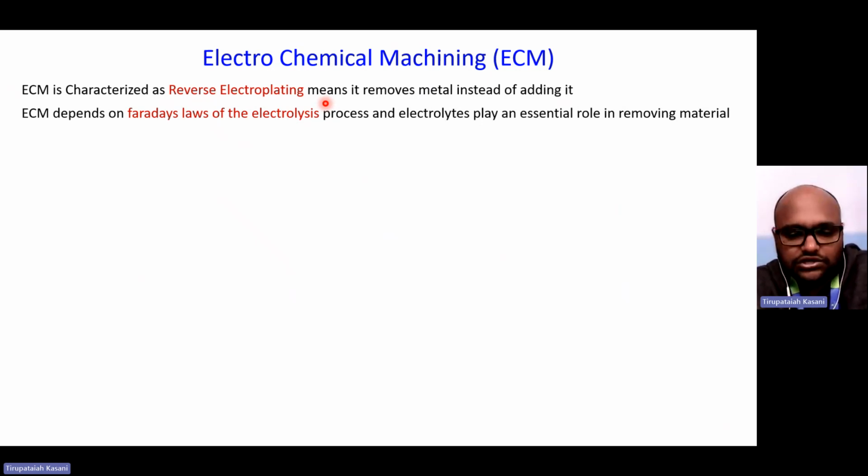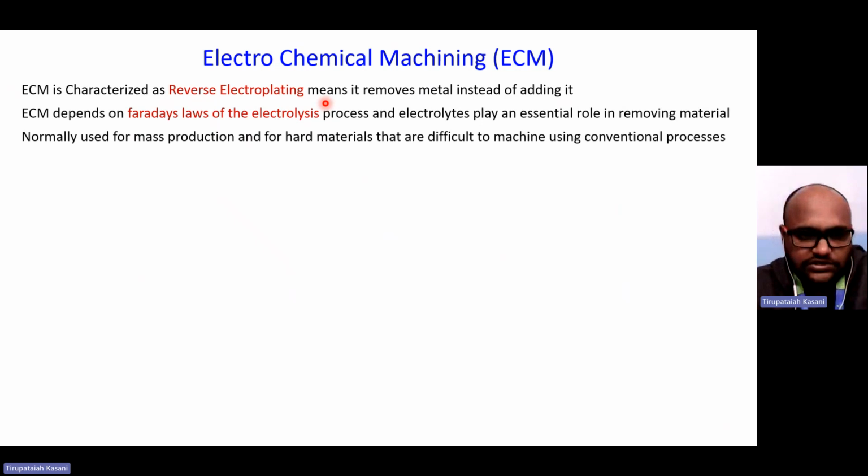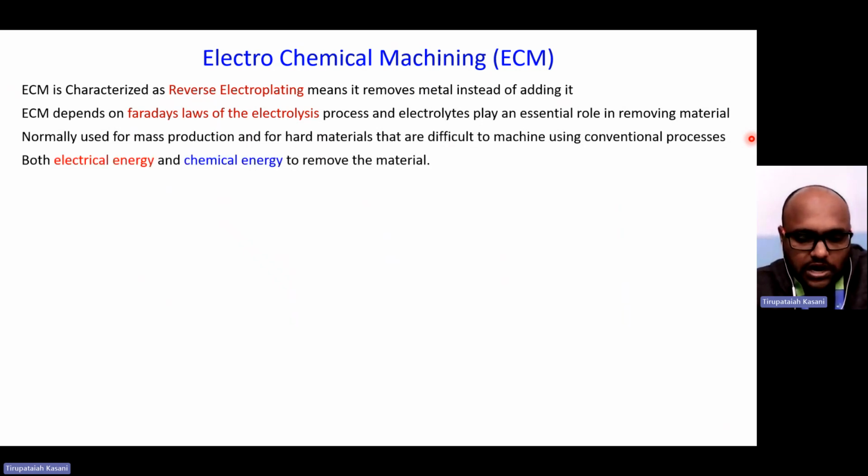Depending upon the application and the material, a suitable electrolyte medium is selected for the ECM process. It is normally used for mass production and for hard materials that are difficult to machine using conventional processes. This is an unconventional or non-traditional machining process, used for materials which are hard to cut using conventional methods.